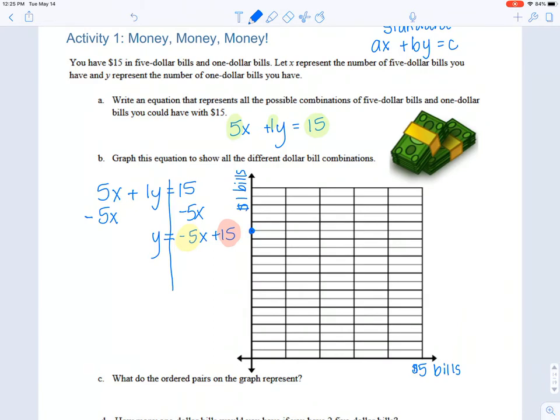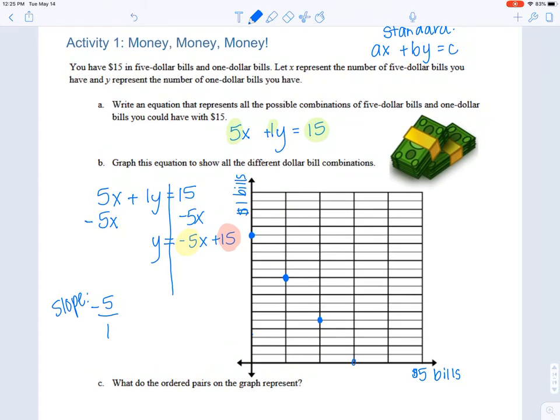I'm going to double check that real quick. 1, 2, 3, 4, 5, 6, 7, 8, 10, 11, 12, 13, 14, 15. Yep. And we're going to go down 5 and over 1 because a slope of negative 5 is really a slope of negative 5 over 1. So I'm going to move down 5 over 1, down 5 over 1, and down 5 over 1.